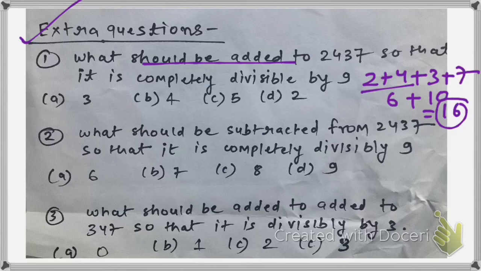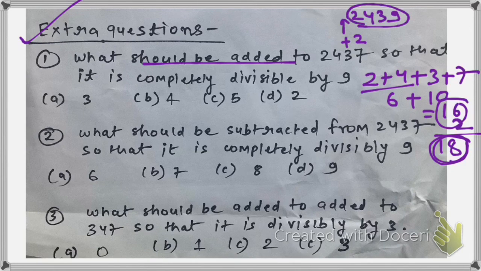If we add 2 here, then it will give you 18, and 18 is divisible by 9. So you will add 2 to this number, which will give you 2439, and this number is divisible by 9. So you will say, sir, we need to add 2 here.